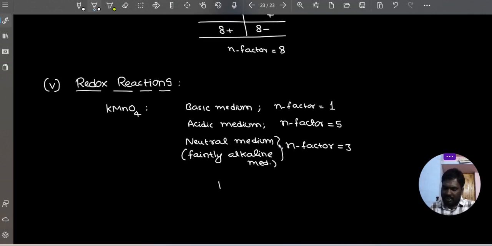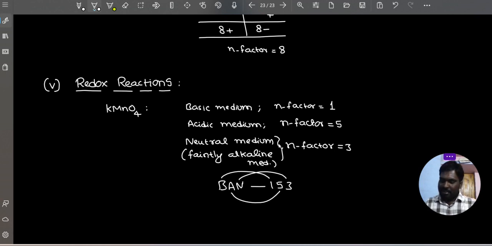Simply we can write 153. So from now onwards remember one number, 153: basic medium n factor 1, acidic medium n factor 5, neutral medium n factor 3. This is only applicable for KMnO4.